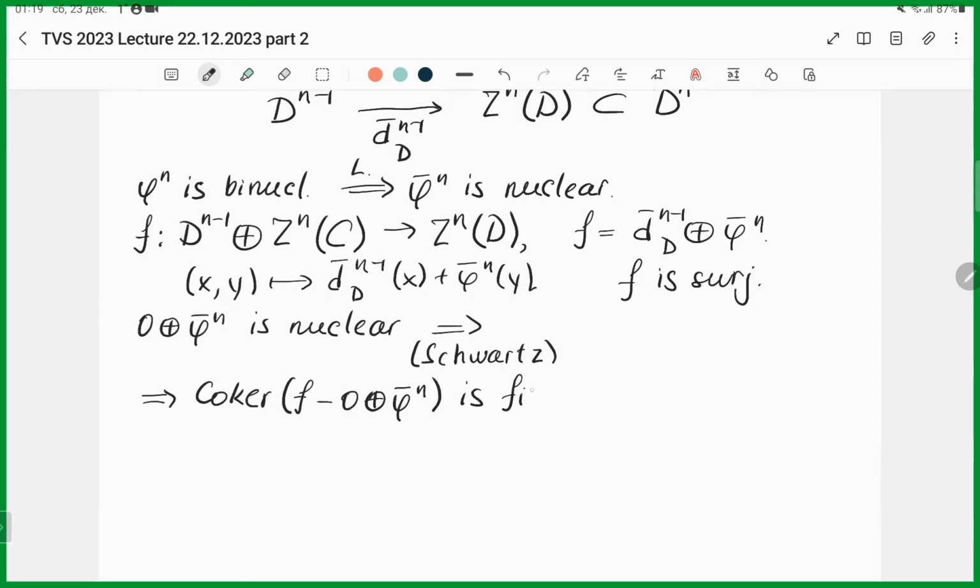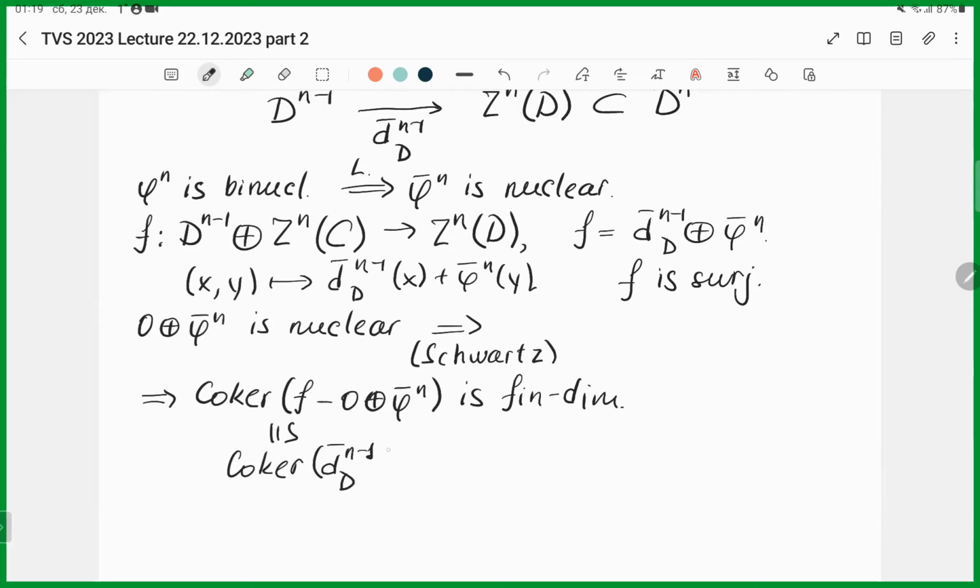It's finite dimensional. But what is this map, F minus 0 plus phi n bar? We'll look once again at F. Basically, this map acts by 0 on the second summand, and it acts as d n minus 1 on the first summand. So the cokernel of this map is isomorphic to the cokernel of d bar n minus 1.